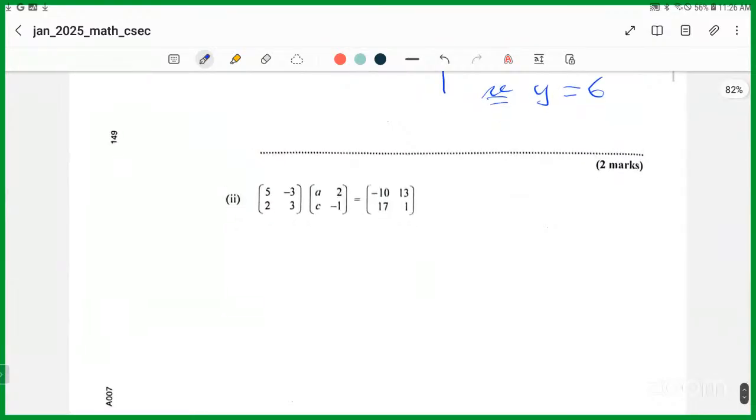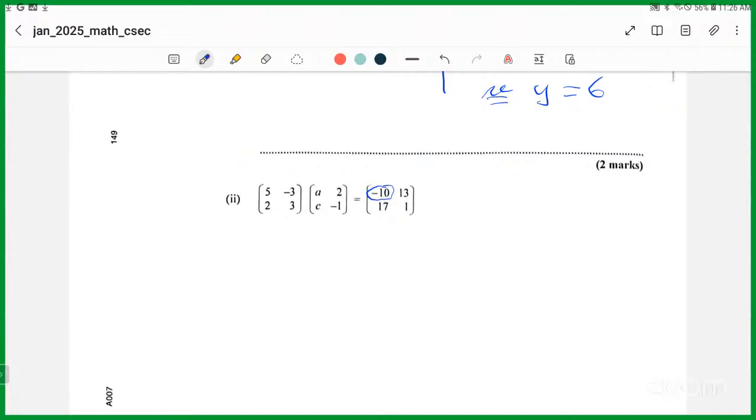Now this one once again asks us to find the values for A and C. And this time it is a product that is equal to this matrix. So this is set up like an equality of matrices. These are the two values that you want to get. It's the first column, so it has to be something on the first column. So let's use this negative 10. What gives us that negative 10?